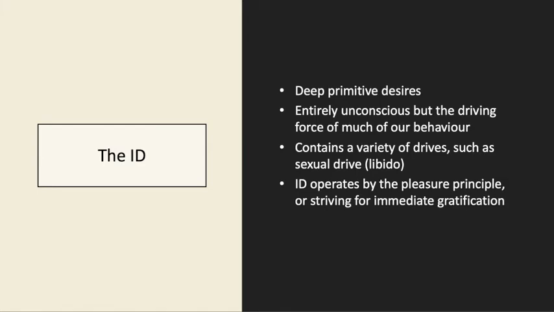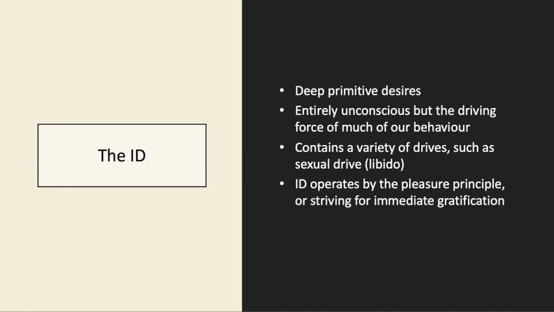The id is the oldest part of our personality and represents the primitive desires that we all have, desires for sex, violence, etc. This segment of personality is completely submerged in the unconscious and gives rise to a lot of what we do.